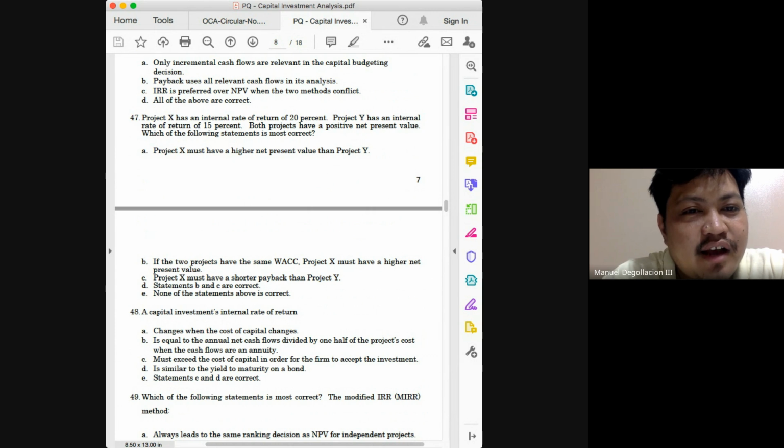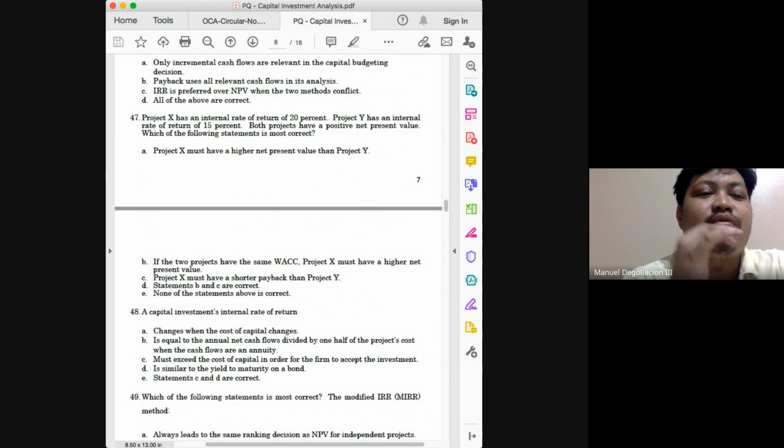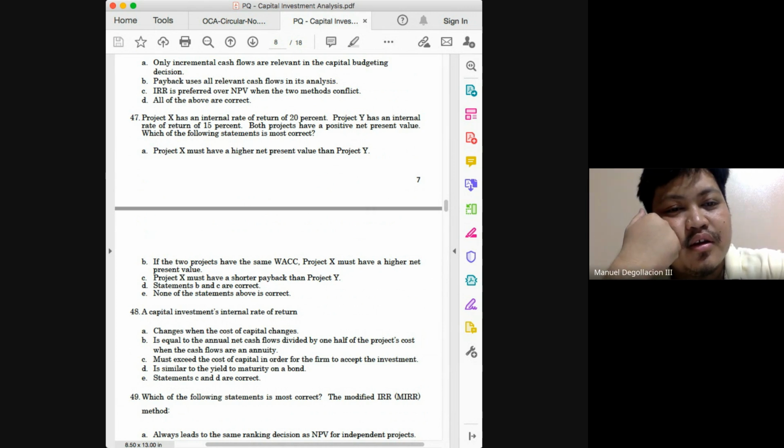Let's see. IRR is 20% for X, 15% for Y. Both projects have a positive net present value.